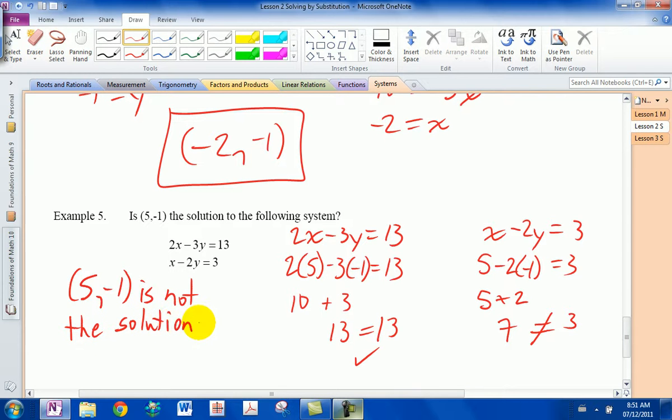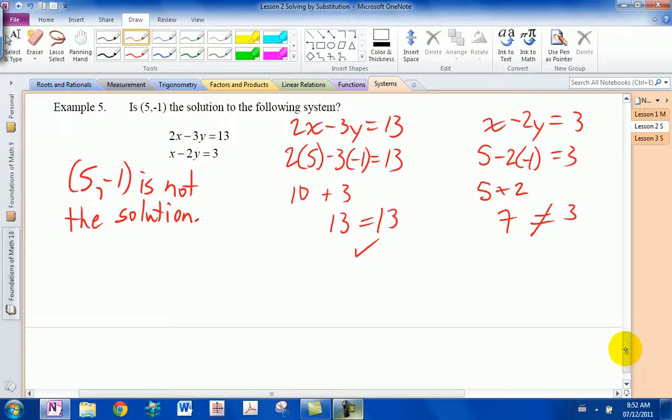You've got to show me why by doing your check for both sets of equations, but it's not the solution because the left side does not equal the right side for that bottom equation. You will get that probably once somewhere along the lines. Expect that. Any questions?